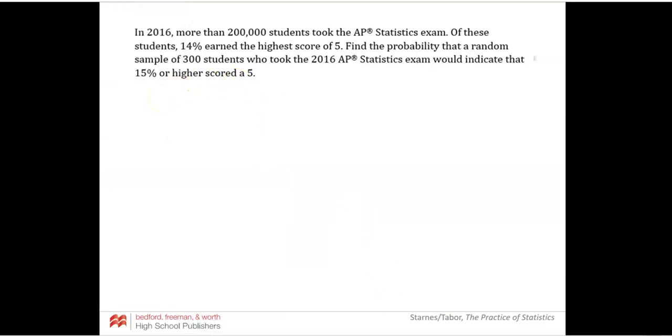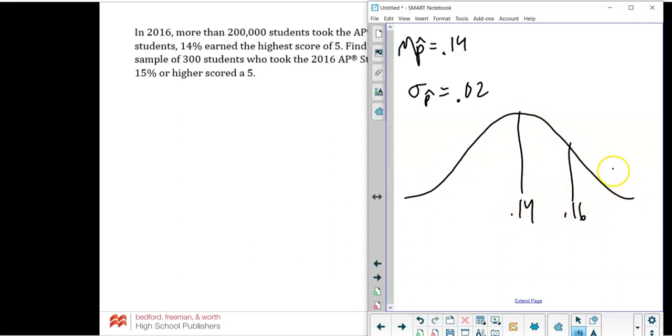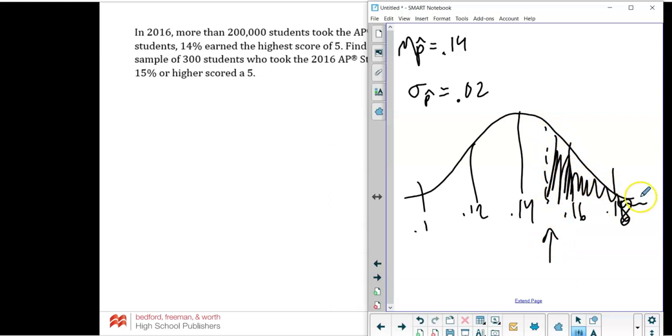So you would get out pencil and paper, kind of draw this out, and you can say, okay, 0.14, this would be 0.16, 0.18, because our standard deviation is 0.02, 0.12, 0.1, etc. We want 15%, right around here or greater, scored a 5.